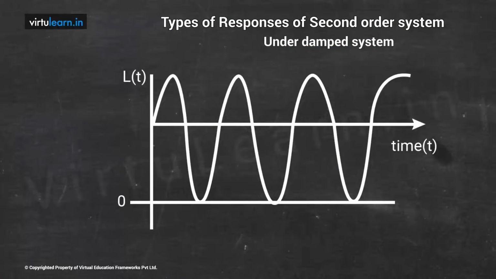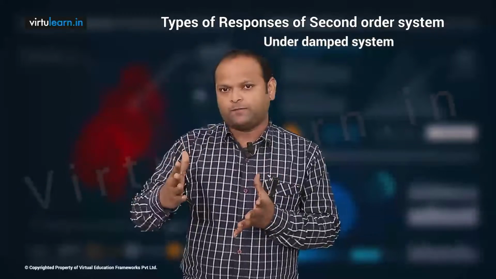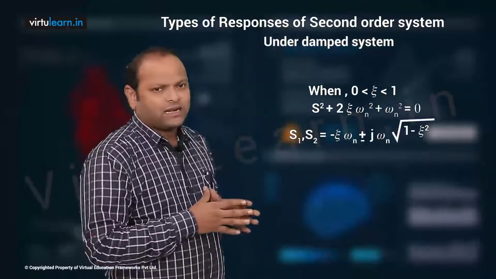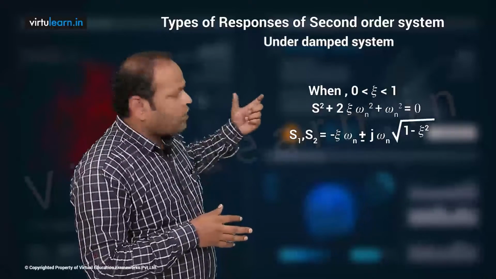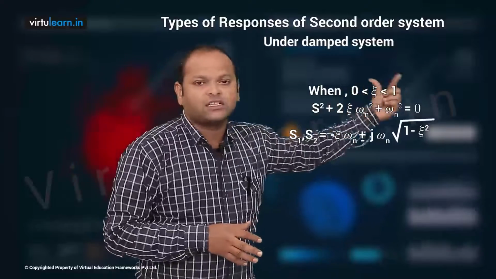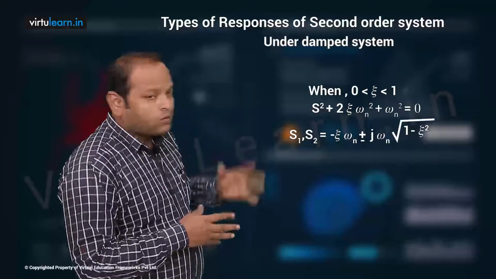We'll take another case when zeta is slightly increased, that is, zeta is from 0 to 1. So when zeta is between 0 and 1, look at the characteristic equation. Q of s is s square plus 2 zeta omega n s plus omega n square equals 0. What are the roots?